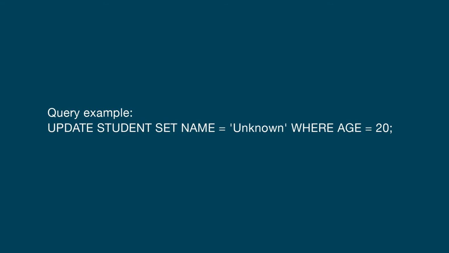Query example: UPDATE student SET name equal to unknown WHERE age equal to 20.